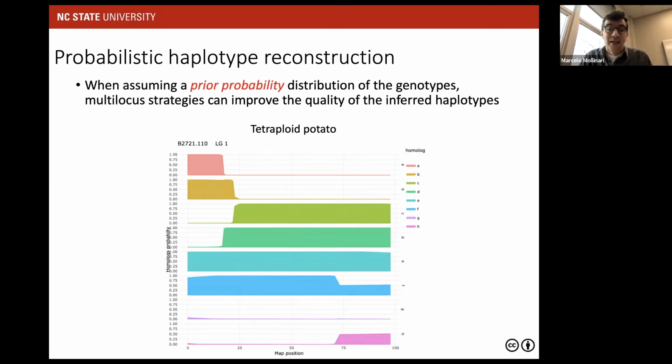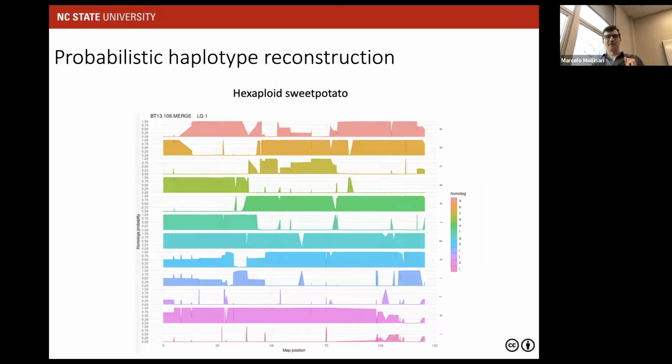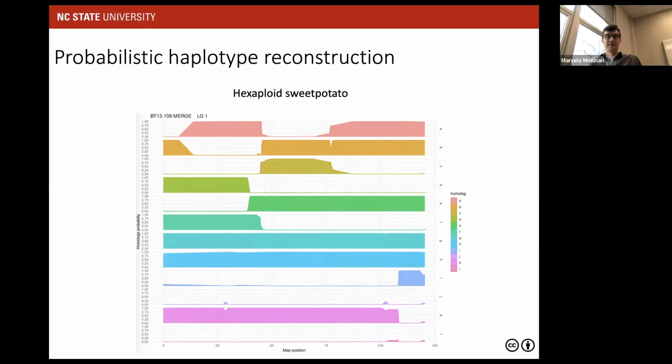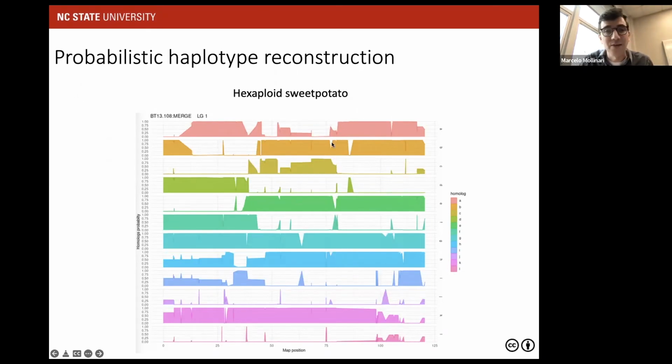Okay, you can say, oh, this is just a little bit of improvement, but in sweetpotato, look, this is a very, very noisy individual. And this is also, again, a real individual in our sweetpotato map. When you use that type of strategy, what you do is this. You still have some inconsistencies, but it's much better than this, right?